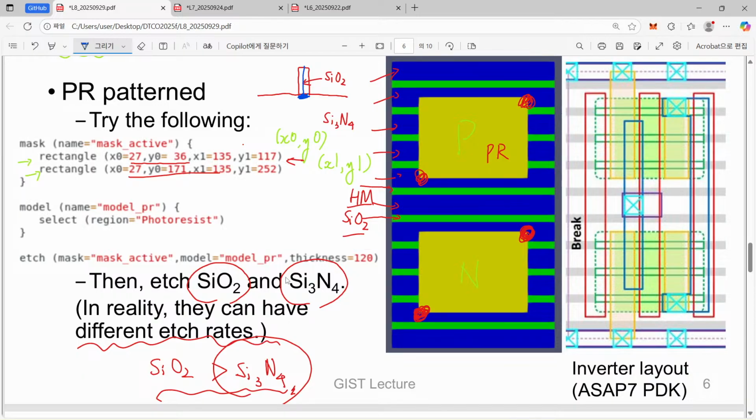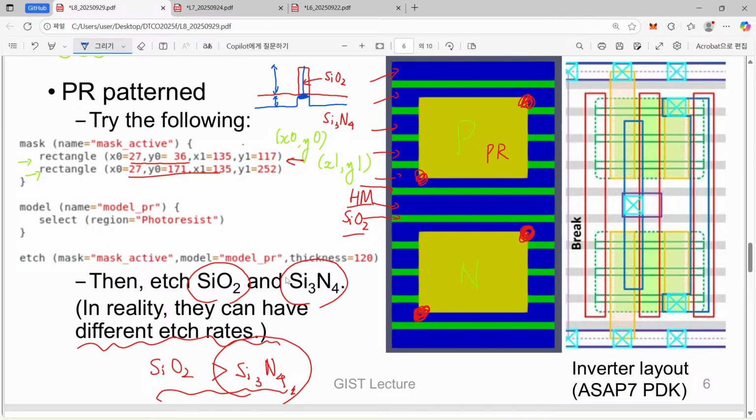However, silicon nitride is also etched slightly, so we will have this smaller step compared with the previous one, and it is uniformly silicon nitride.